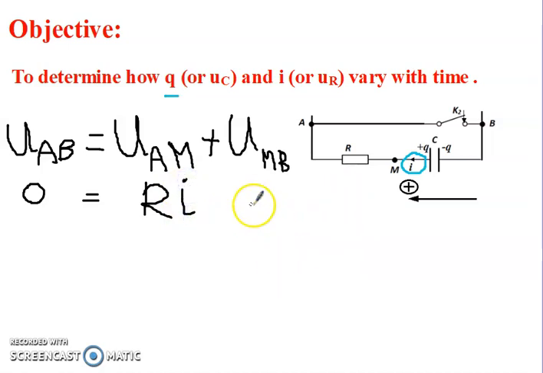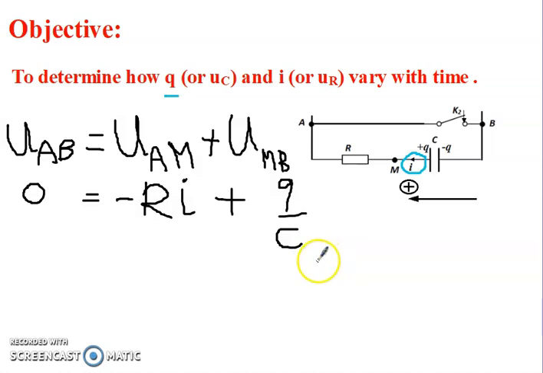But notice here, you apply Ohm's law from A to M, opposite to the sense of current. Means we have minus Ri, right? Good. Plus UMB, this is M and this is B, so this is Q over C, because M has a positive charge, right?